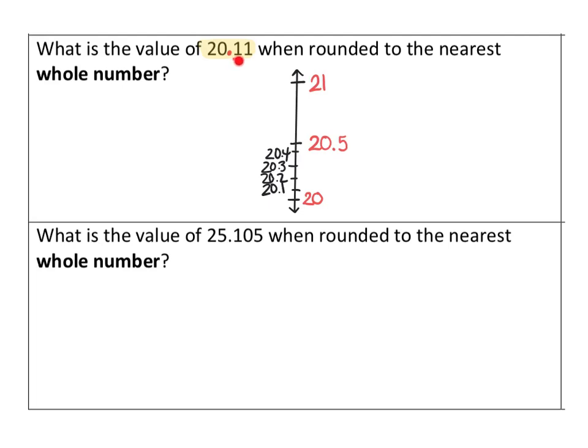And since we have 20 1/10 and then hundredths, we know that 20 11/100ths will be right around here. So I'm going to put a dot here, and since it is way closer to 20, we are going to round down to 20. So what is the nearest whole number? 20.